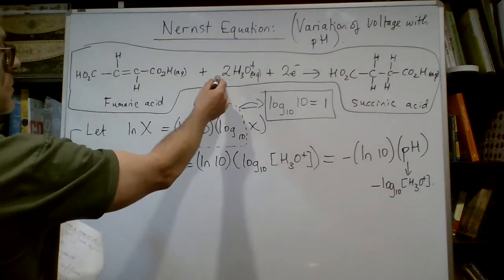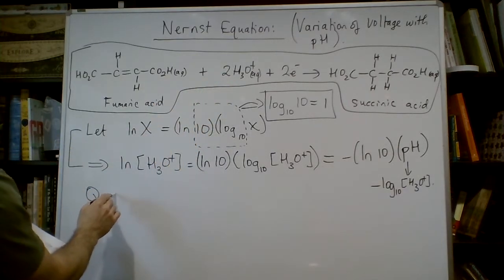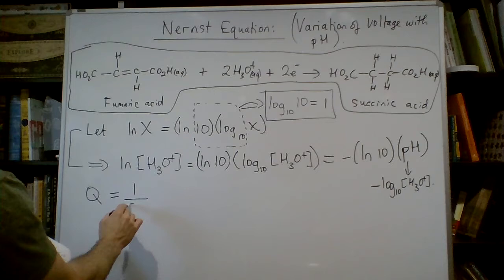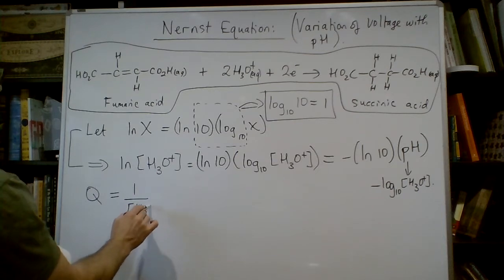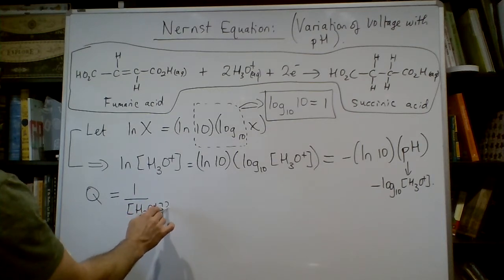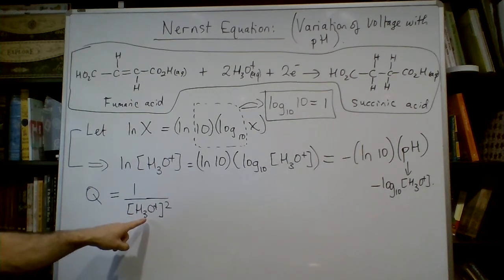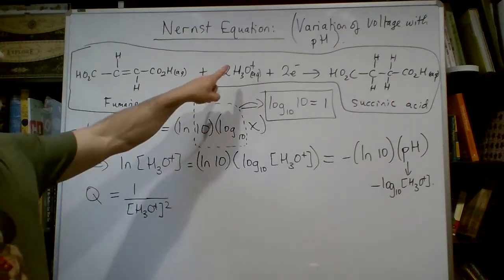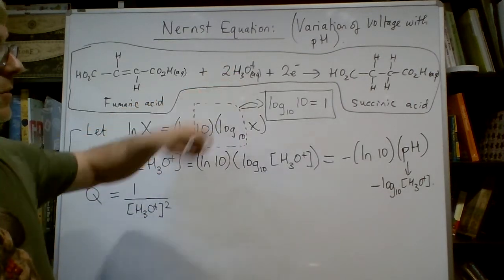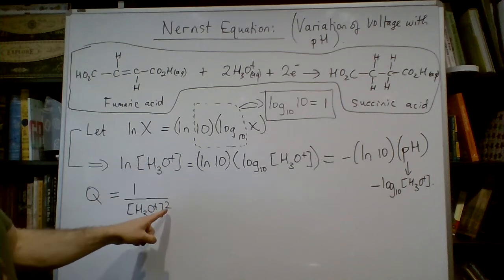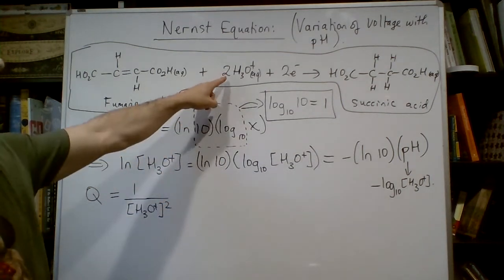I've got a coefficient 2, so the reaction quotient is going to be 1 over hydronium squared. Again, why is the hydronium a denominator? The hydronium is a denominator because the hydronium is a reactant. Why is there an exponent 2 here? There's an exponent 2 here because there's a coefficient 2 here.